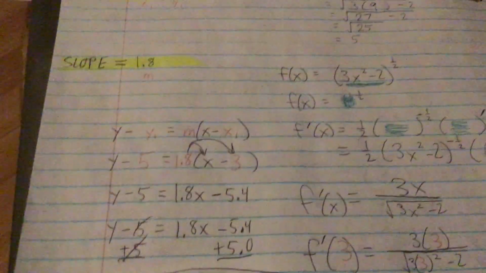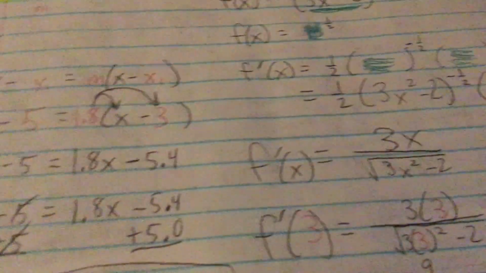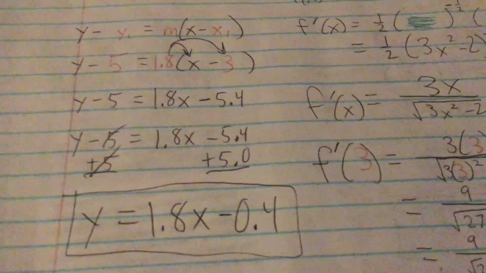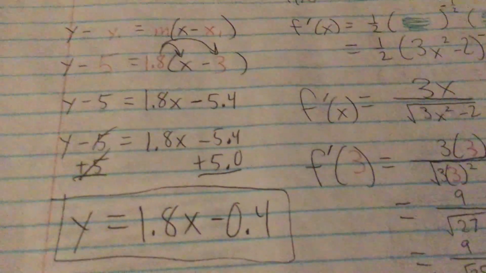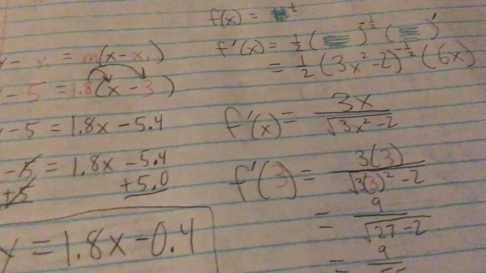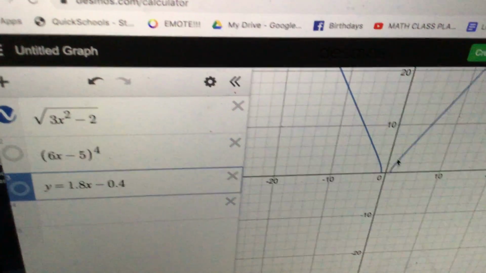So if this is the curve, y equals the square root of 3x squared minus 2. Let me get that Desmos equation up there. 1.8x minus 0.4. Hide the tangent line. So look at, oh, this is a weird looking graph. So this is the square root of 3x squared minus 2.